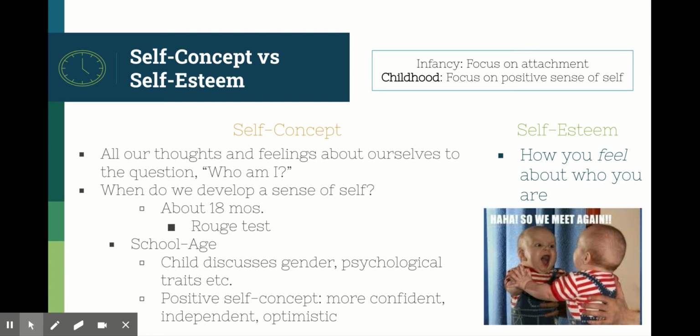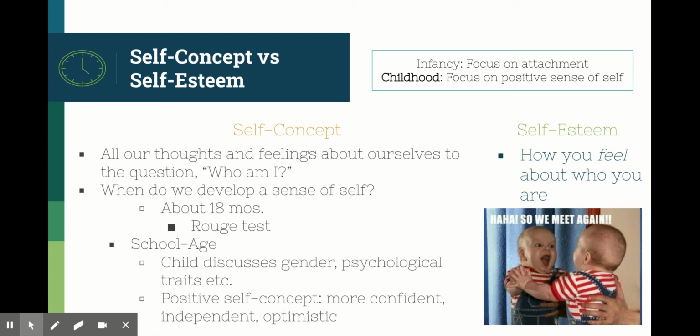We really develop this sense of self, or recognize that we are an individual, at about a year and a half old. A fun way to find out if a toddler has self-concept yet is using what's called the rouge test. Rouge is kind of like blush, tinted makeup.